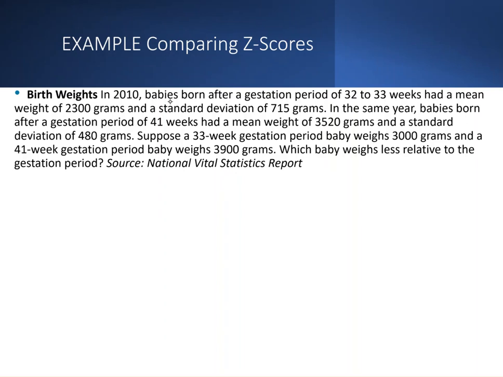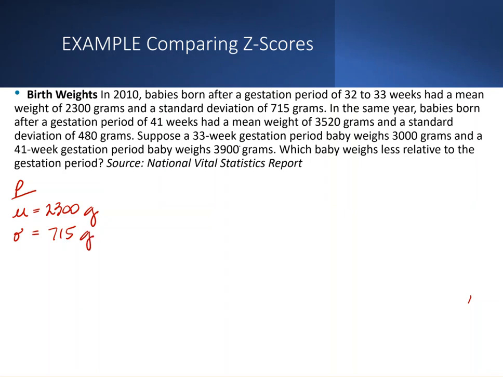So we can read through this first sentence, and I'm going to talk about the preemie babies first, and I can identify that the preemie babies had a mean of 2,300 grams and a standard deviation of 715. So mu, because this is population data, of 2,300 grams, with a standard deviation, I should say, of 715 grams.